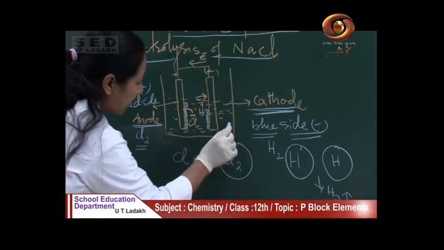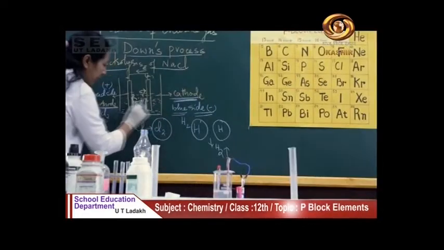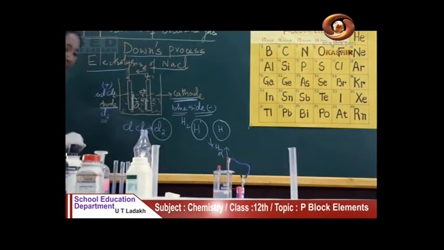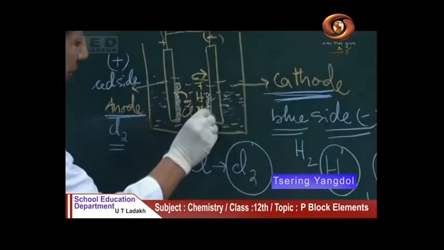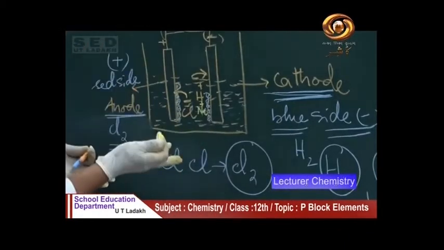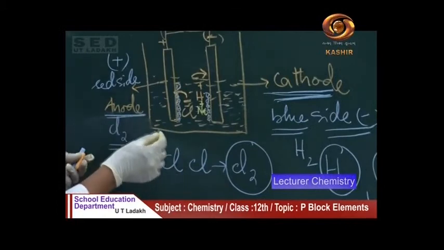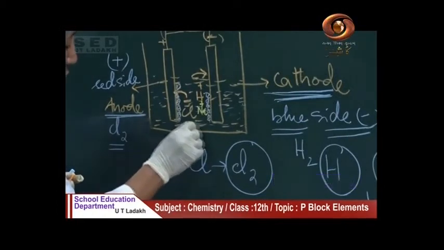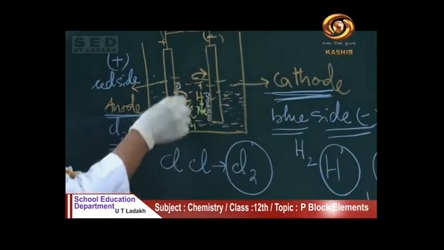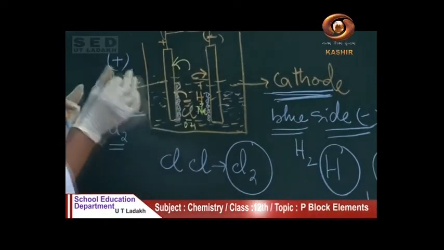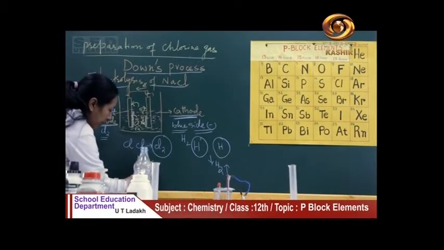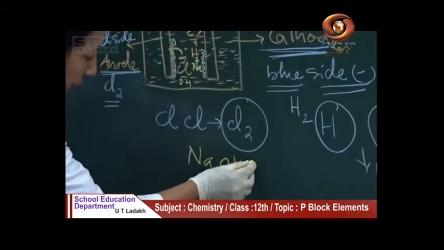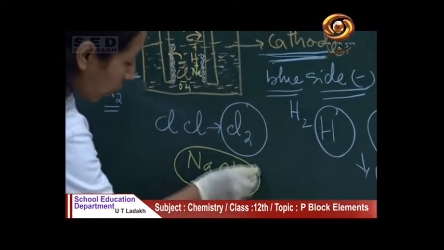In the remaining solution, Na positive is also attracted towards the cathode, and OH negative is also attracted towards these electrodes, and the remaining NaOH will remain in water.